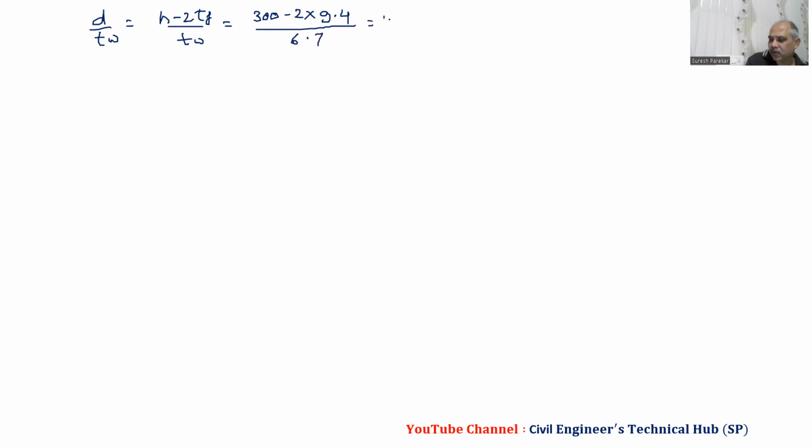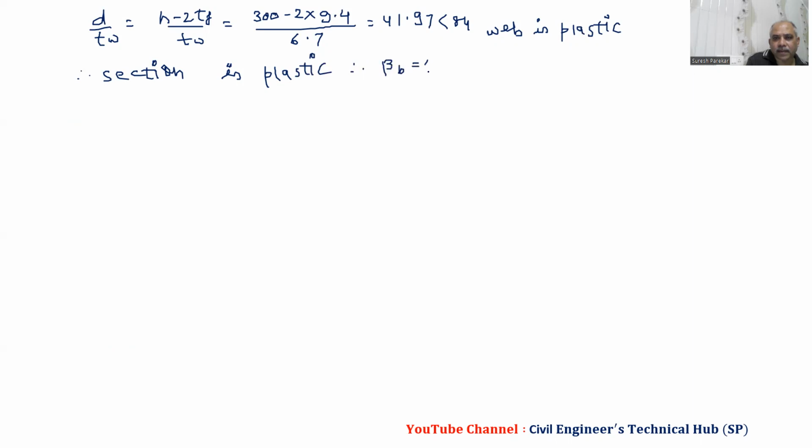So equal to 41.97, less than 84. So we have web is plastic, and therefore section is plastic. And therefore, beta B is equal to 1.